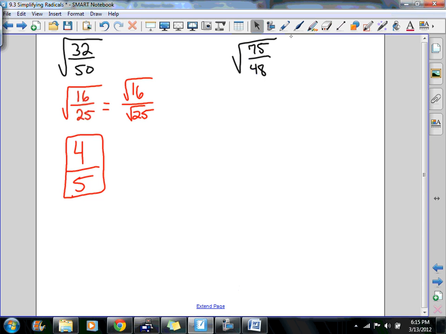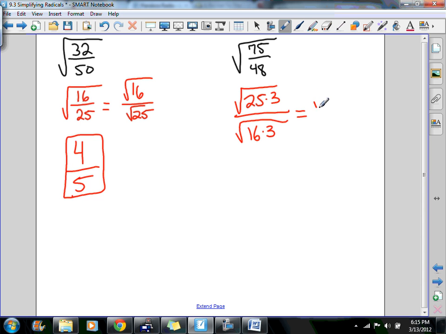This one on the left, I don't see how we can simplify it, but we can break these up into two pieces. The square root of 75 on the top can become 25 times 3, and on the bottom, 48 can become the square root of 16 times 3.